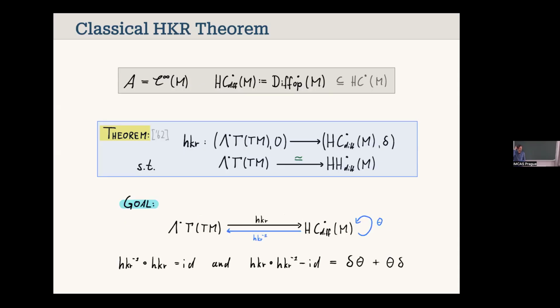So the goal of my talk will now be to construct a deformation retract of this form, where we have the classical HKR map I just showed you before, but now we want to find a quasi-inverse on the level of the complexes together with a homotopy that really induces this isomorphism on cohomology. Okay, and here you see already where we're going. Here we will need some techniques from Jakub's talk before.